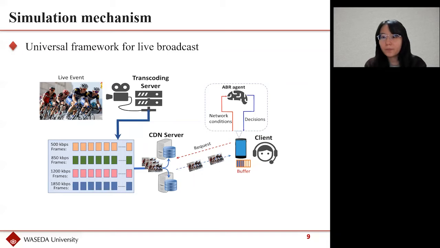And meanwhile, other logs such as client buffer size, rebuffering time, newest content, and latency are calculated and updated. The QoE for the frame will be calculated and stored. At the end of the simulation, the QoE will be summed up to assess the streaming.